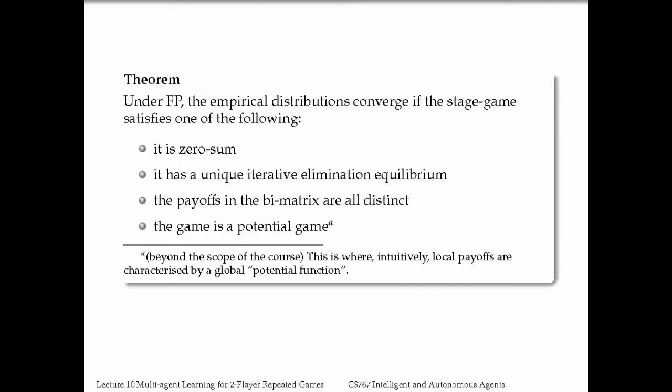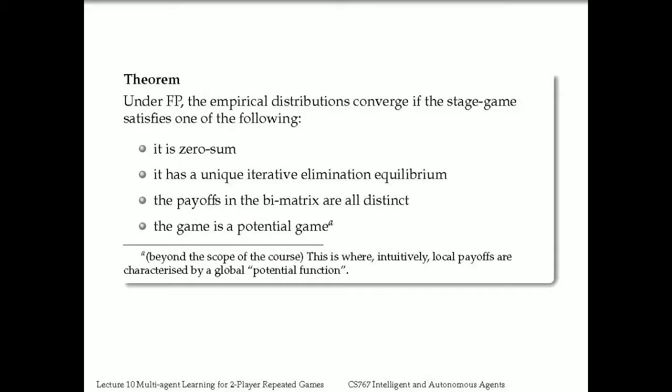And fourthly, if the game is a potential game, which is a concept that we did not cover, essentially it being a potential game is that the local payoffs are somehow described by a global function. And this will be a special type of normal form game. And if that's the case, then we know fictitious self-play will eventually converge in empirical distribution. So these are the cases that we know.